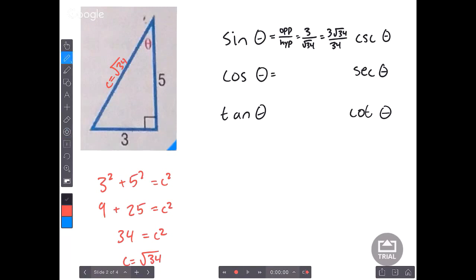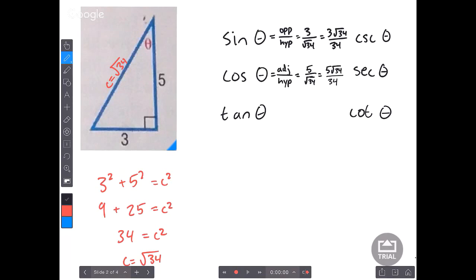On to cosine. Cosine of theta is the adjacent over the hypotenuse, which is adjacent side 5 over hypotenuse root 34, which equals 5 root 34 over 34.